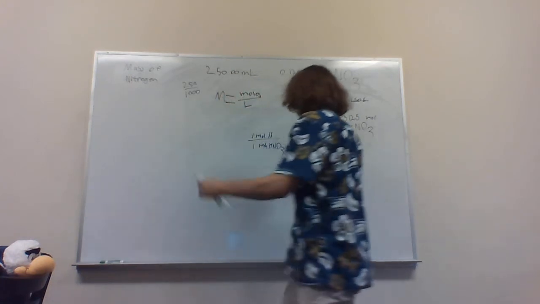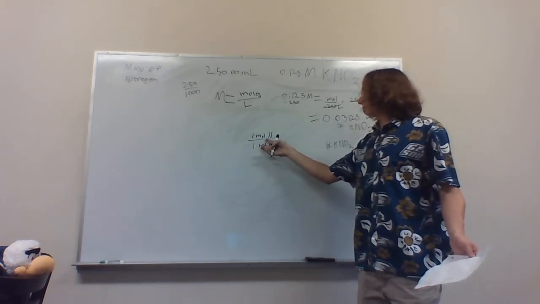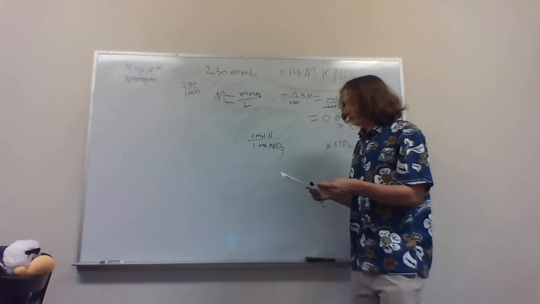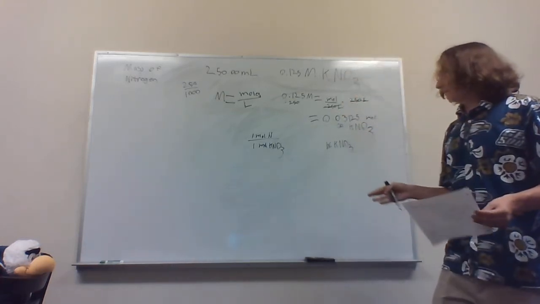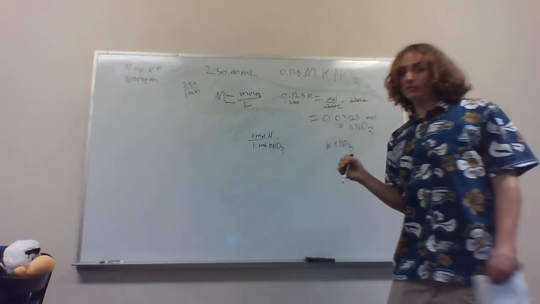You see how this works, Gus? Because there's 1 nitrogen atom, per 1 mole of nitrogen, there's 1 mole of potassium nitrate. So now we can convert our moles of potassium nitrate to moles of nitrogen.